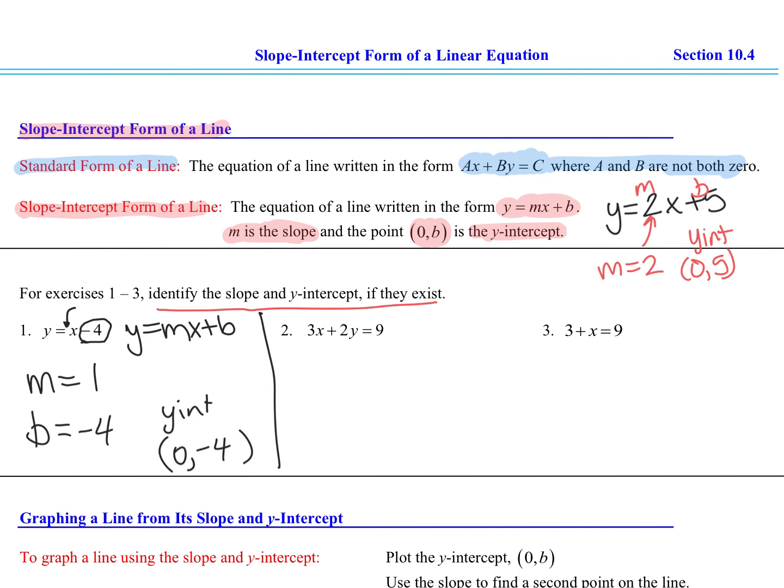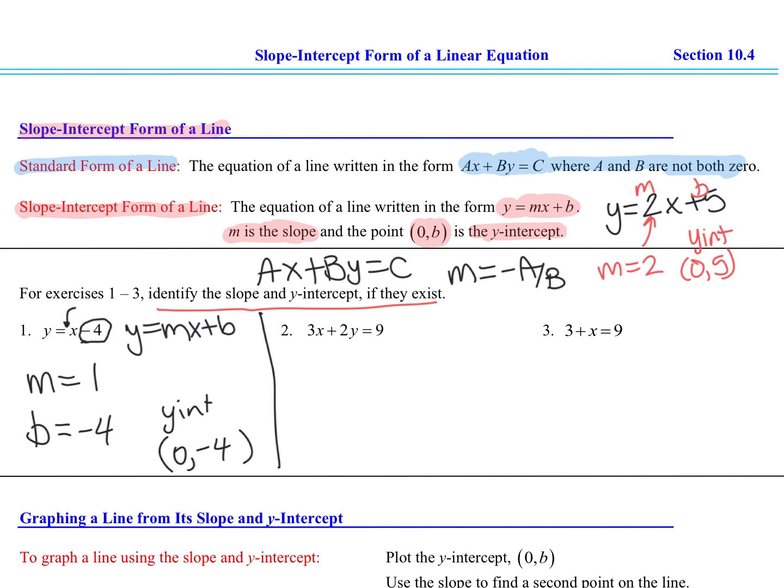All right, so for number 2, we have 3x plus 2y is equal to 9. You'll notice it's not in slope-intercept form. There's a really neat formula that says when you have ax plus by equals c, the slope is equal to negative a over b.